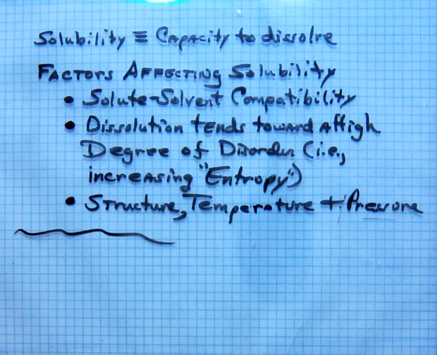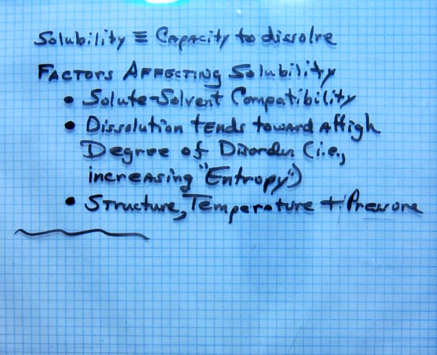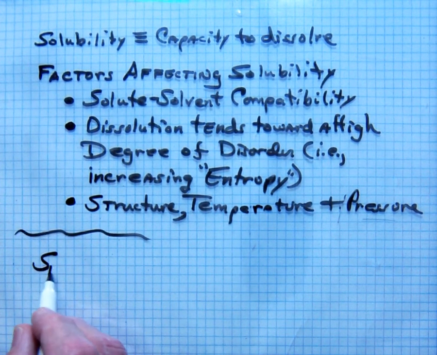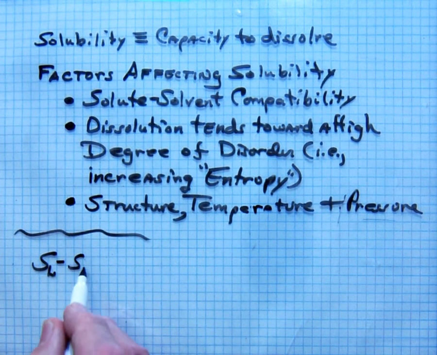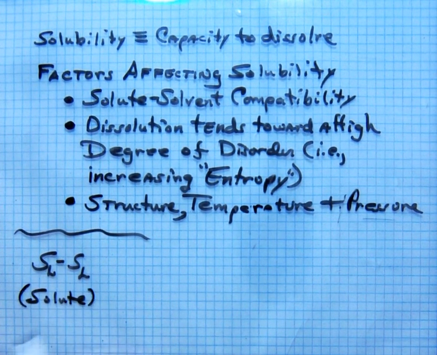Now, looking at the solute-solvent compatibility again, we have a little kind of equation that we use to explain this. When we have the solvent separated from the solute, you have an interaction between the particles in the separate containers. So if you have a solute, SL, that's your solute, before mixing, these have a certain interaction parameter.